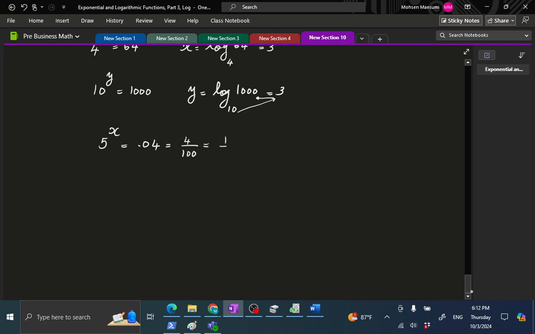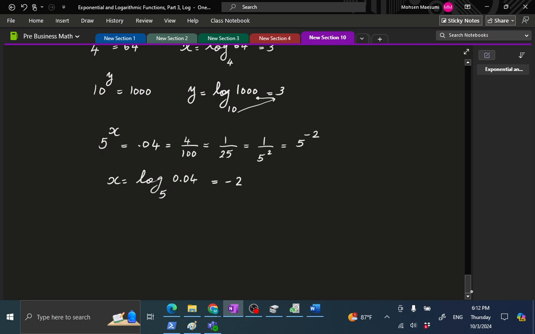Which simplifies to 1 over 25, which simplifies to 1 over 5 squared, which simplifies to 5 to the power of minus 2. So x, which is logarithm of 0.04 in base 5, actually turns out to be -2.